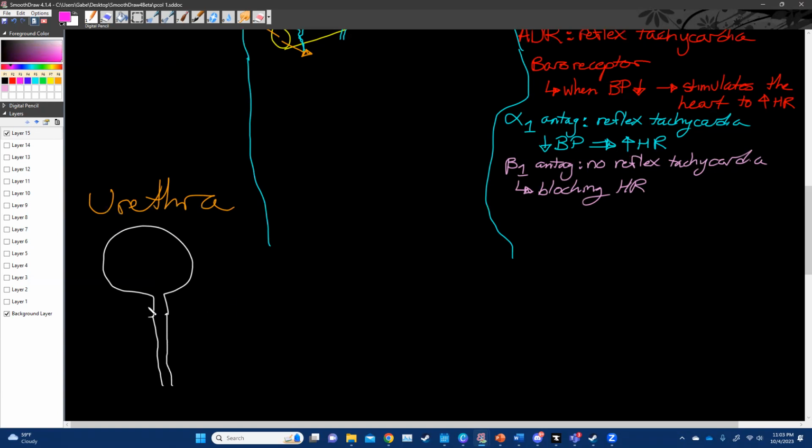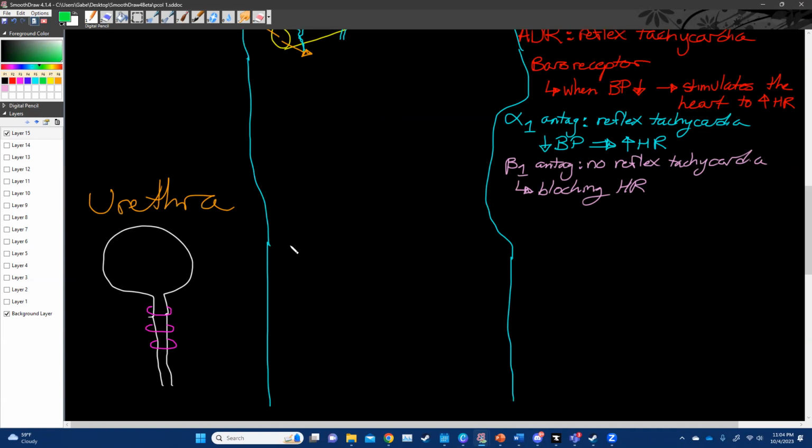All along the urethra, we have these bands of smooth muscle, which help with the release of urine out of the bladder. With alpha 1 activation, we get smooth muscle contraction, which means that we're going to get the smooth muscle to constrict the urethra.